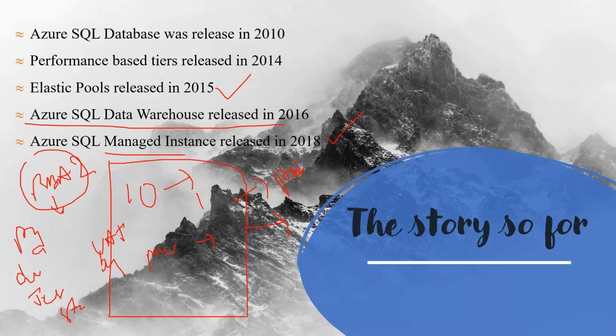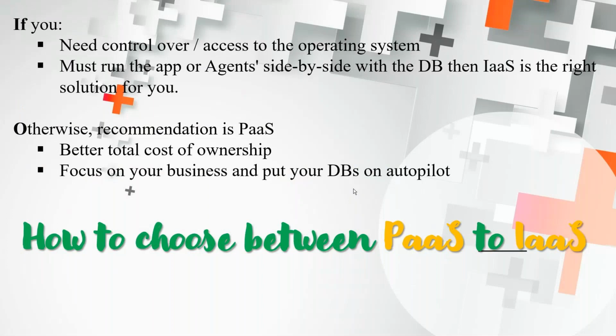For example, which platform will you choose? Do I want to choose an IaaS platform or a PaaS platform? If you need control over the operating system, meaning you want access to the operating system, and you want to deploy the DB and application servers side by side, then the one and only option is the IaaS platform.